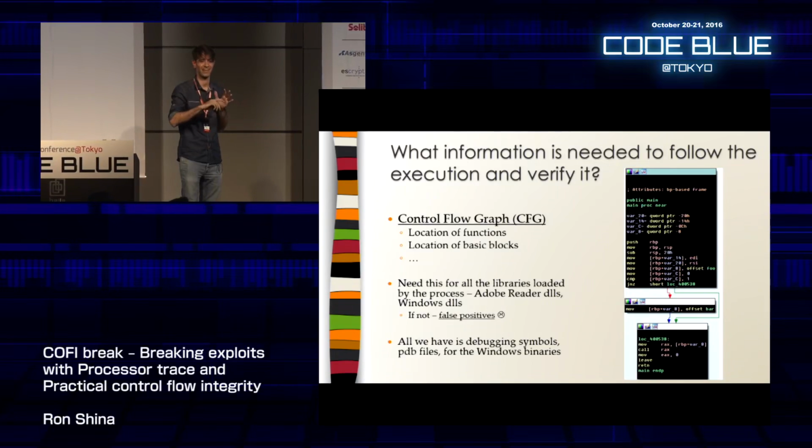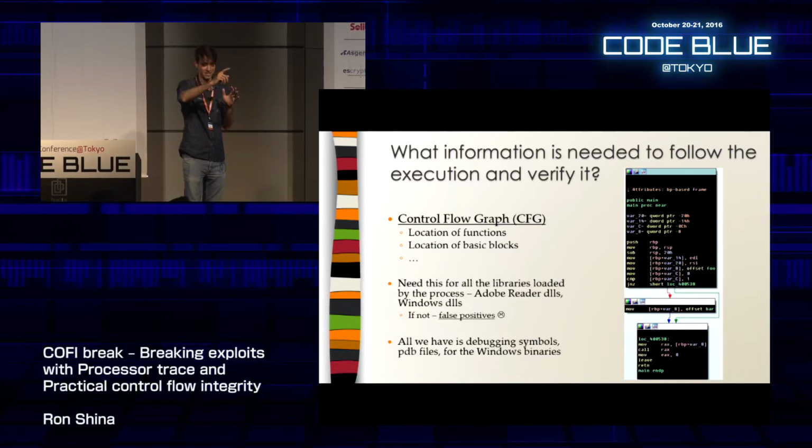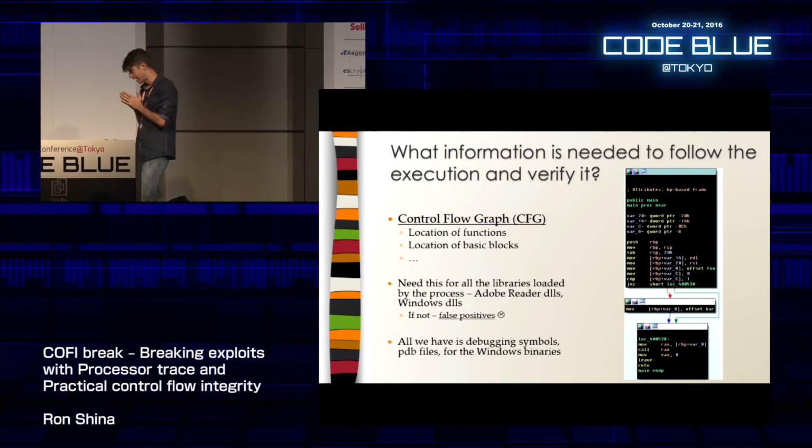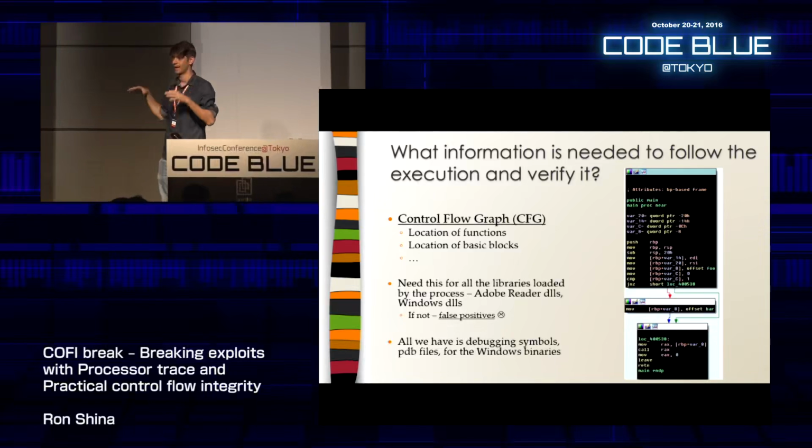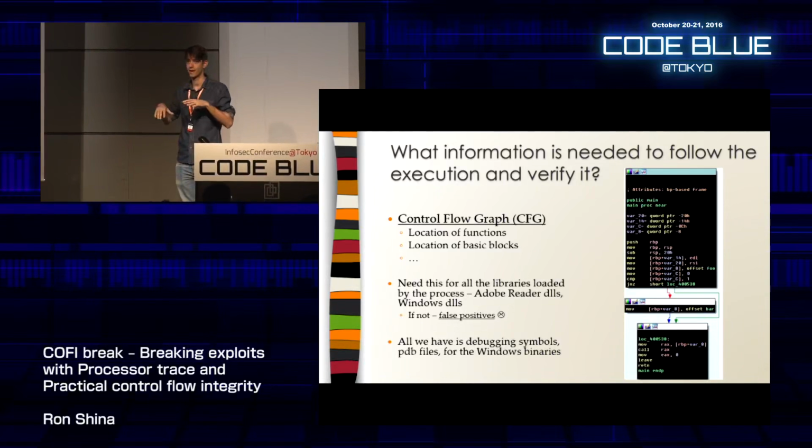Let's say you see an indirect call. You need to know that it calls the beginning of a function, but you need to know that there is a function there. So you need that control flow graph. The example I want you to keep in mind is checking whether a certain PDF file currently opened by Adobe Reader is trying to exploit you, is exploiting a vulnerability.